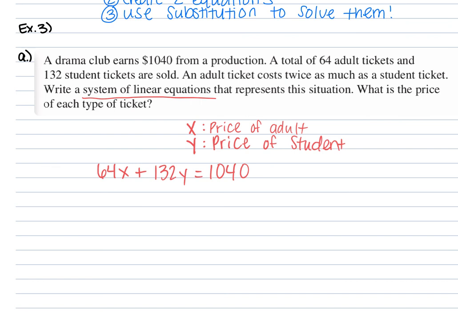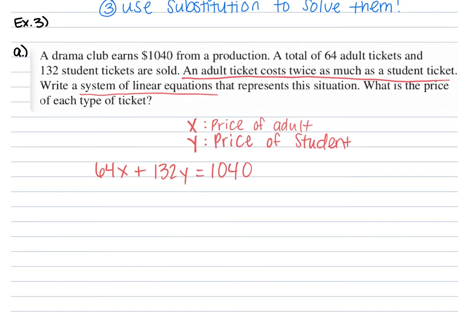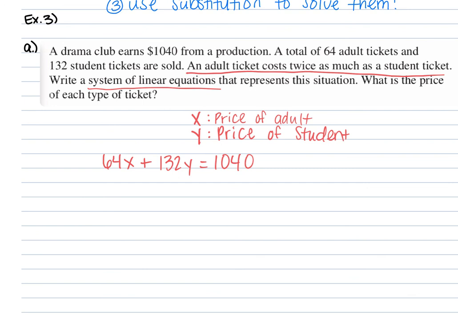What is the second equation going to be? It has to do with this statement. Only 2 other students have gotten this so far today. Emma, you want to take a shot? Is it x equals 2y? Excellent. x equals 2y.